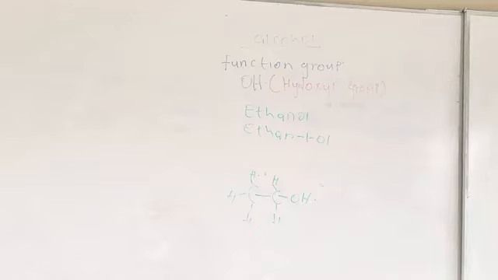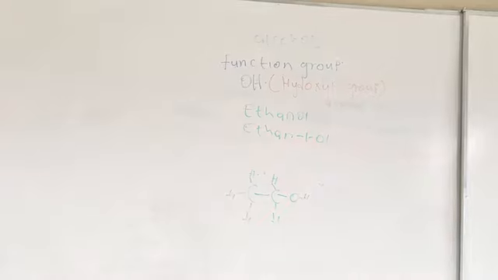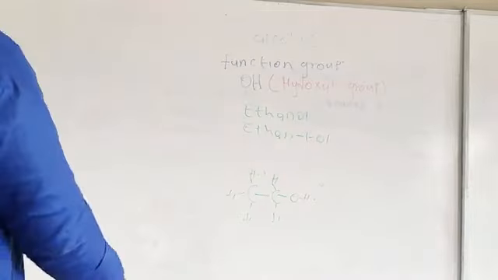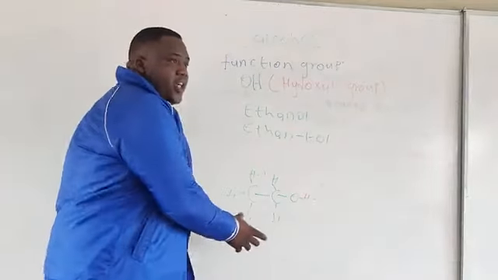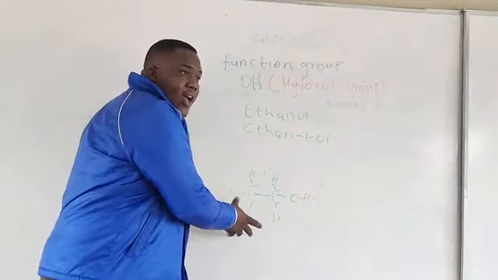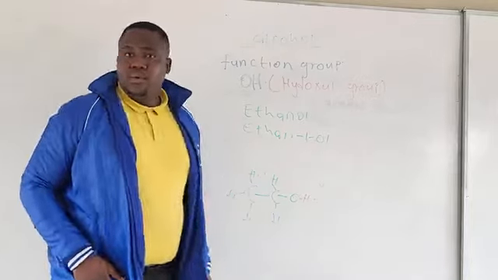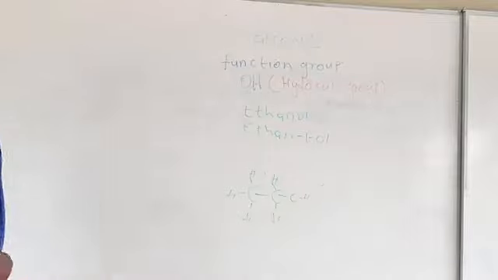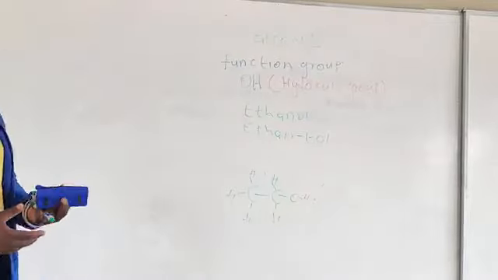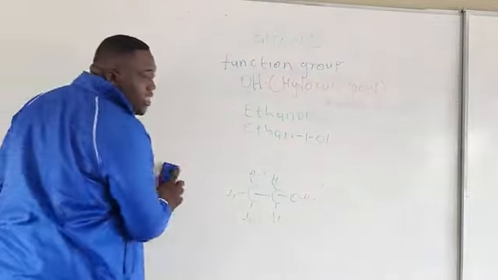What do we call OH? Hydroxyl. So we need to indicate where the OH, the hydroxyl group, is. You get the story? I become happy when you get the story.